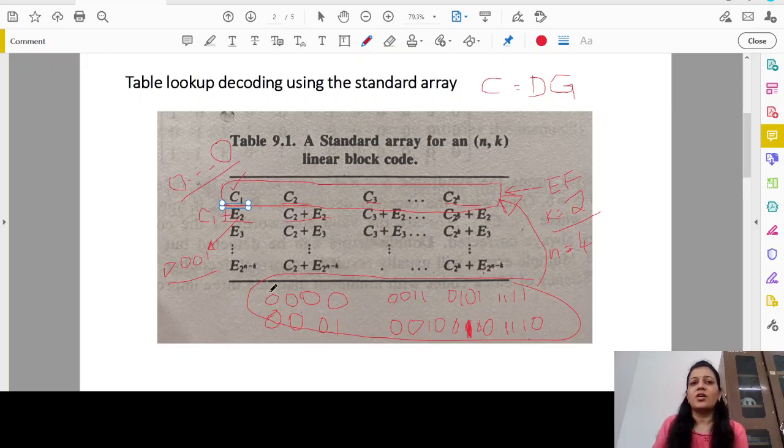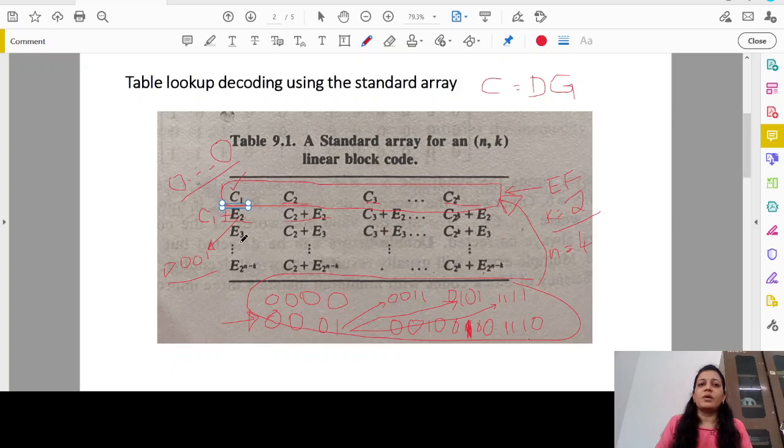Now you can see that all these are distinct. Therefore, for the chosen error pattern, by adding it to each code word, I obtain these elements.